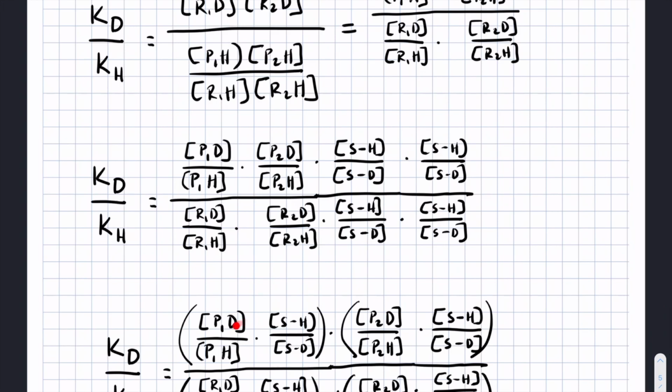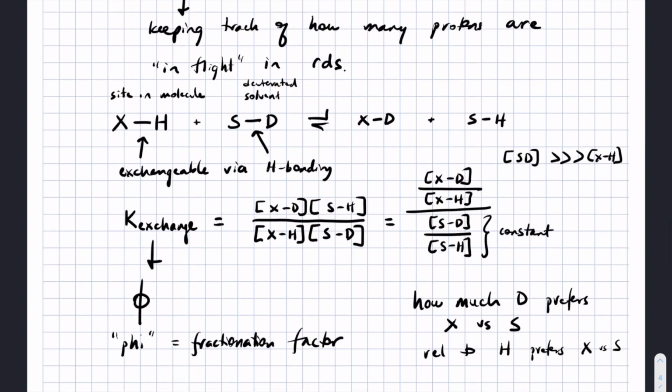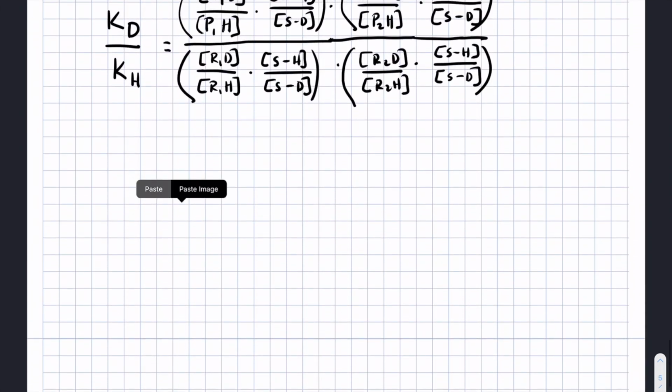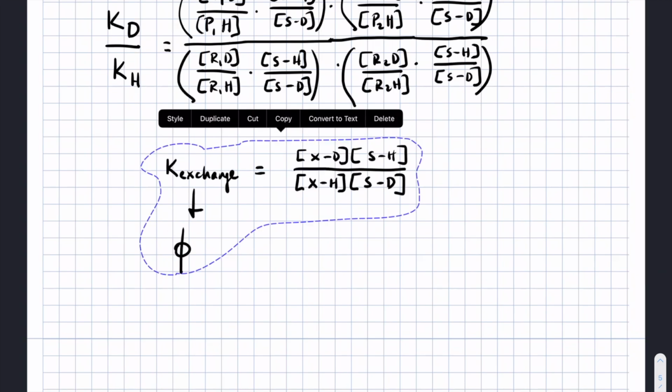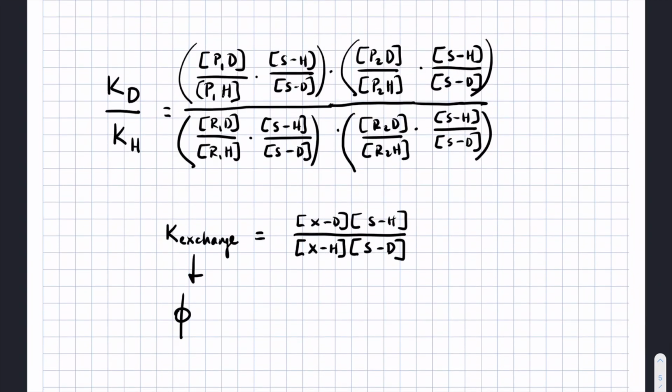Now, these expressions in parentheses ought to look somewhat familiar to you. What do they look like? Well, they ought to look like this exchange constant or fractionation factor. Each of these numbers in parentheses tells you how much deuterium prefers to be on the molecule, product 1, versus being on the solvent.